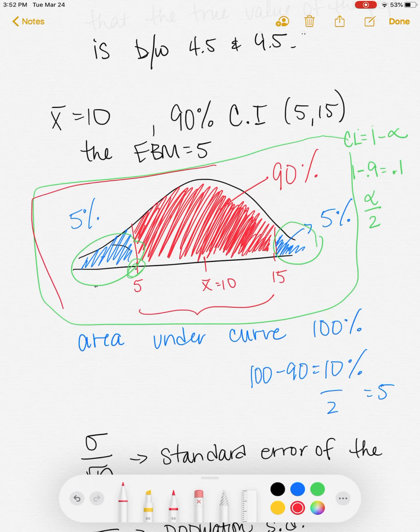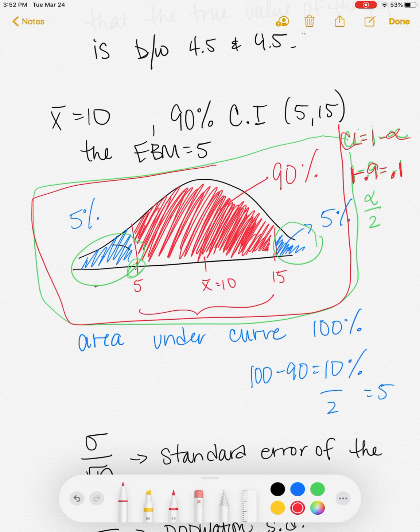In this picture right here that I outlined in green, I said that the confidence level is equal to 1 minus alpha. So basically, if my confidence level is 90%, I can say 100% minus my 0.9 will give me 0.1.